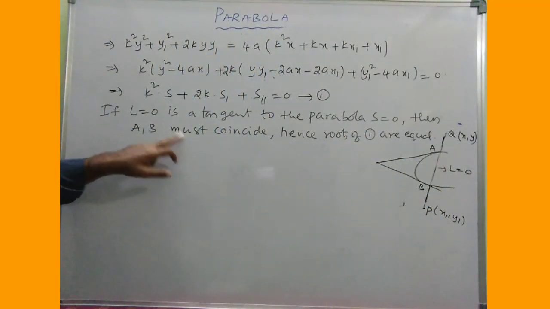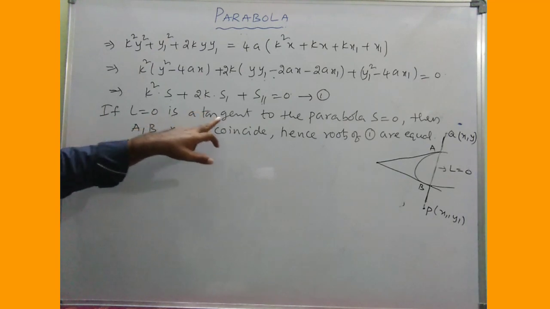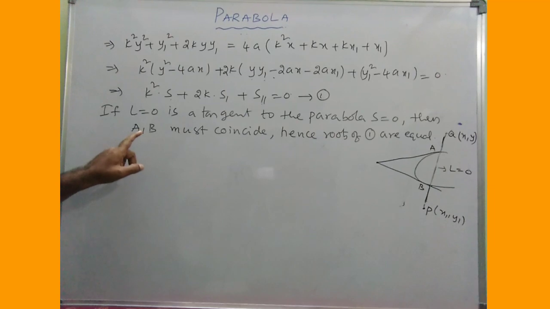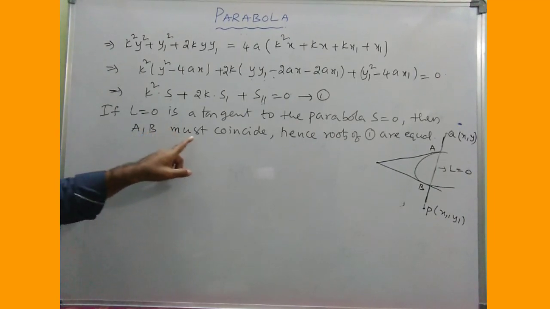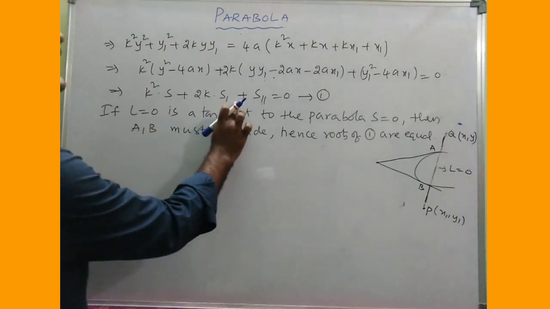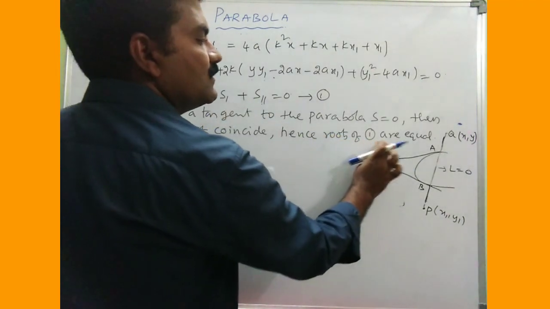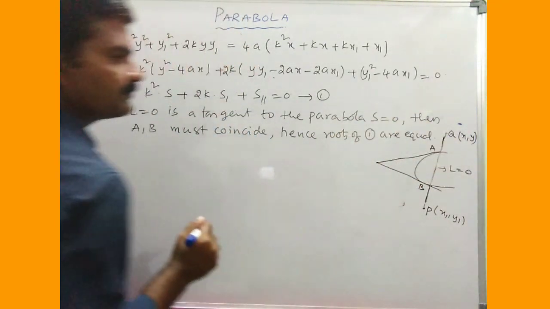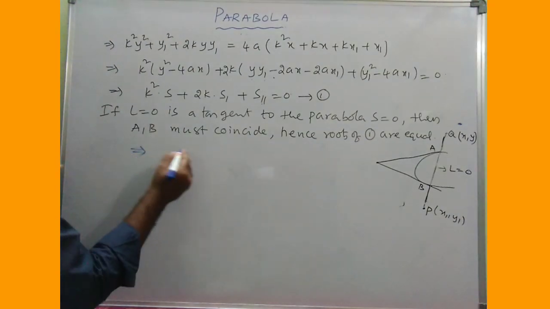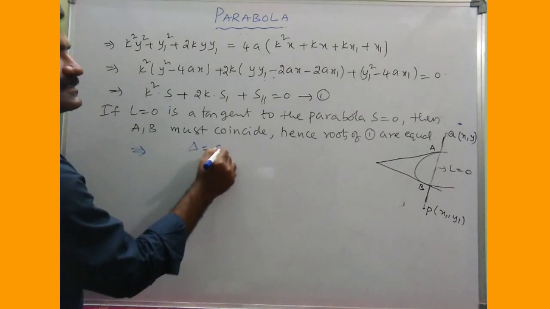Do you understand here? If L is equal to 0 is a tangent to the parabola S is equal to 0, then both these 2 points A, B must coincide. That means the roots of the above equation 1 must be equal, isn't it? So if the roots are equal, then the condition is that the discriminant is 0.